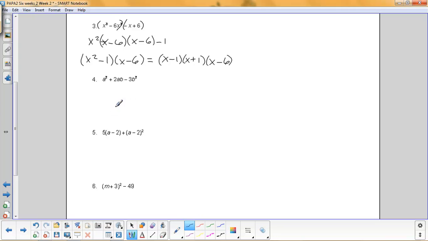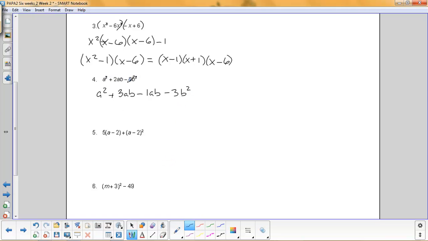What we're looking for in this problem is a way to split the middle term. So we're going to split the middle term by multiplying: a squared plus 3ab minus 1ab minus 3b squared.